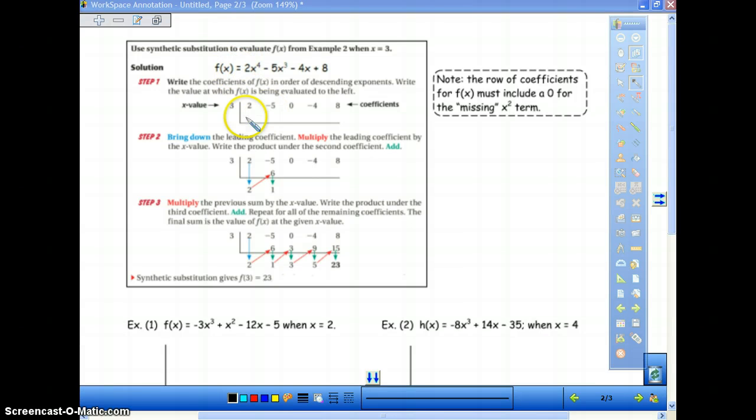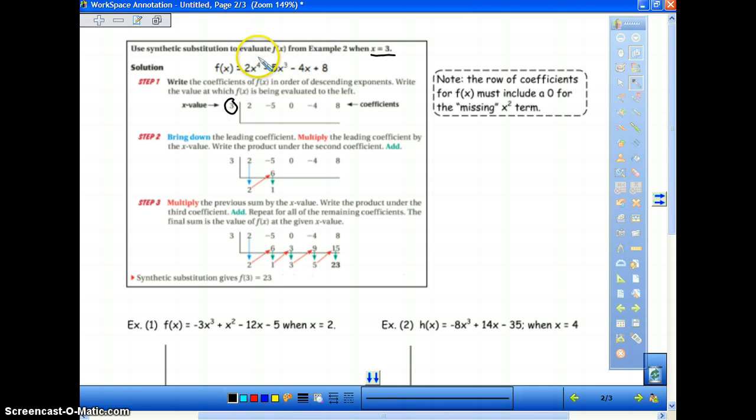Basically what you're going to do is set up a kind of a graph or a table that looks like this. On the outside will be the x value that they're giving you. It says x is equal to 3, so that's why we put a 3 on the outside here. On the inside, you're going to put the coefficients, or the numbers in front of each of them, in order from largest exponent down to smallest.